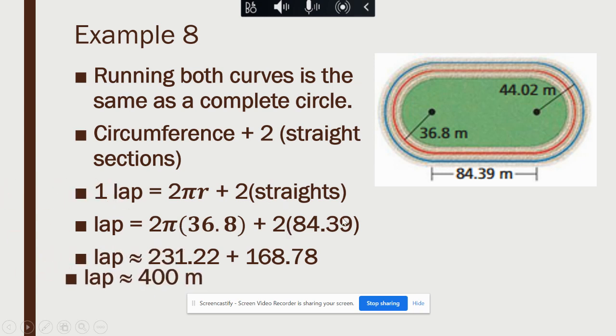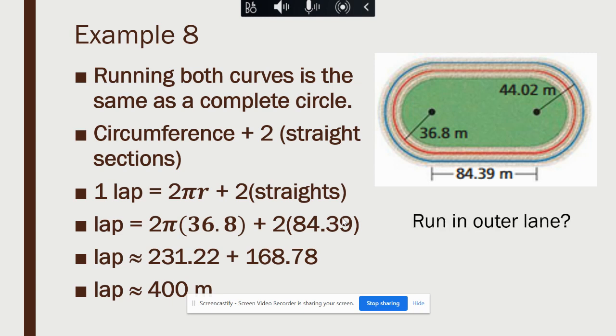To get our total lap length is approximately 400 meters, which is why in track we have the 400-meter event. And we call one lap 400 meters. If you ran on the outside lane, you add 45 meters on there.